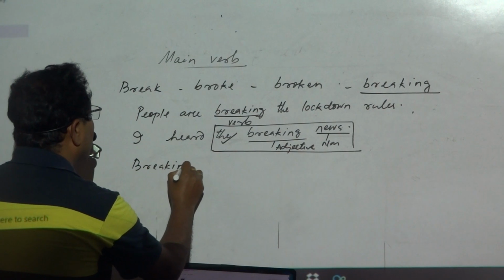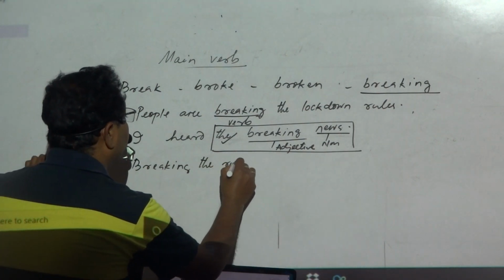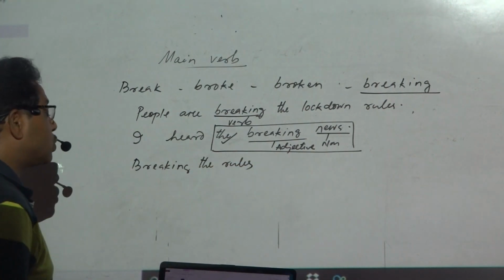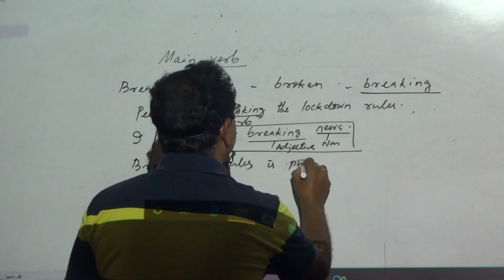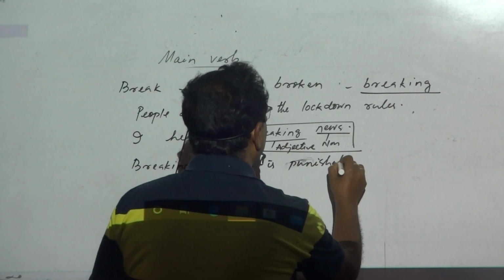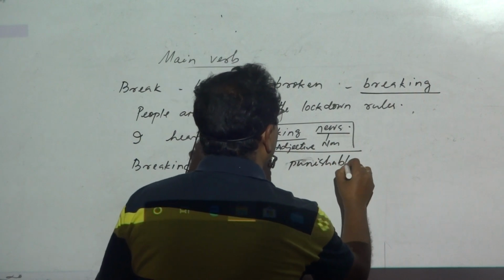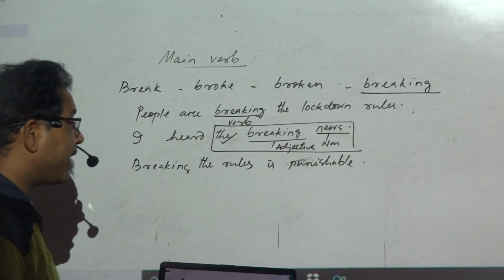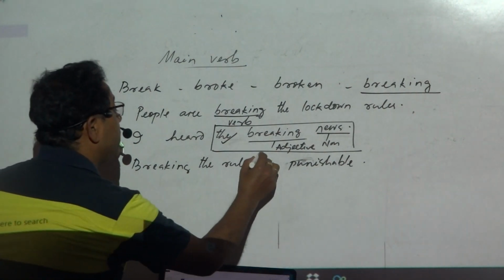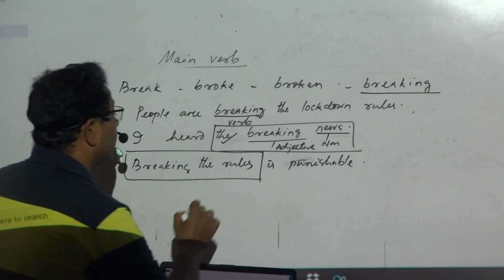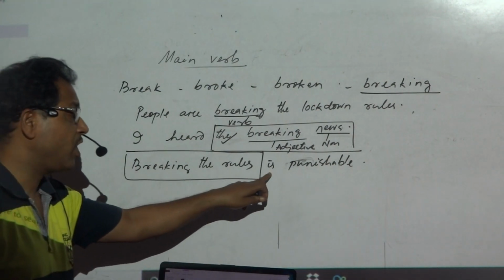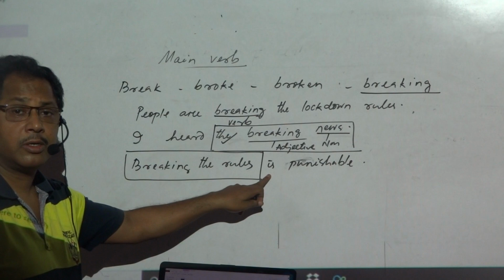Similarly, breaking the rules is punishable. Suppose this one is the subject of the sentence. This is the verb and it is your main verb here.